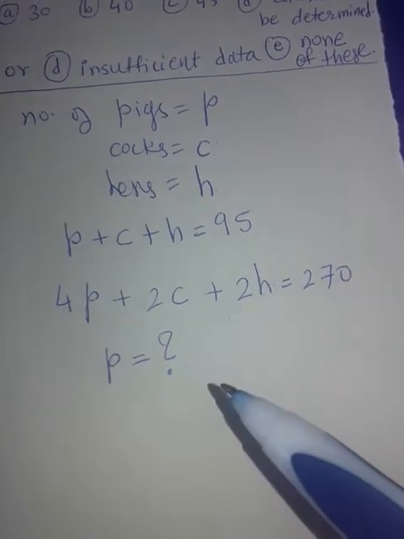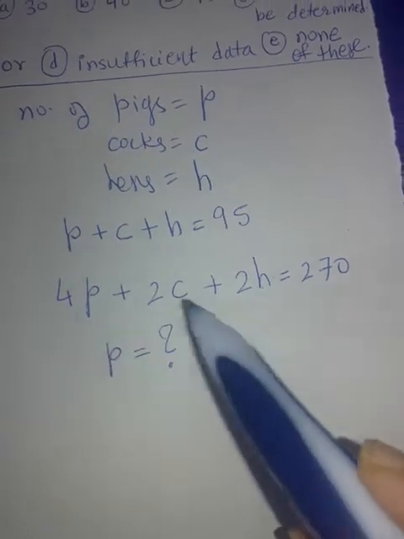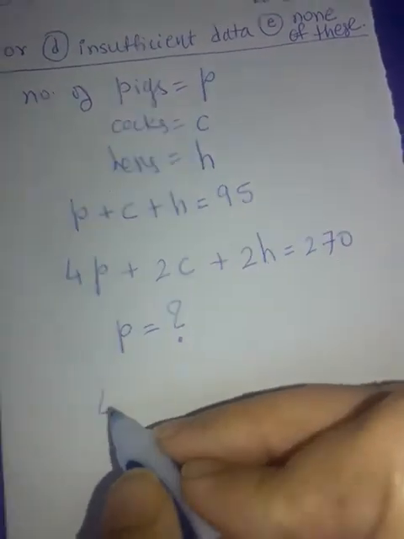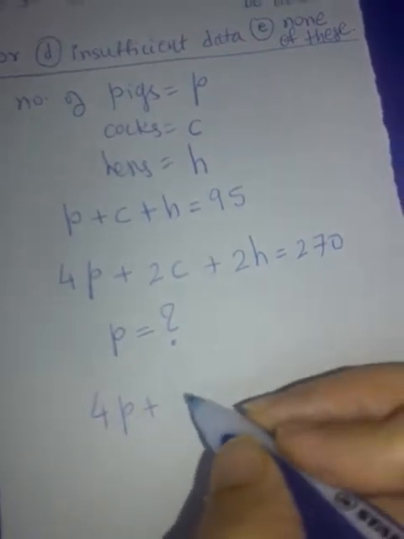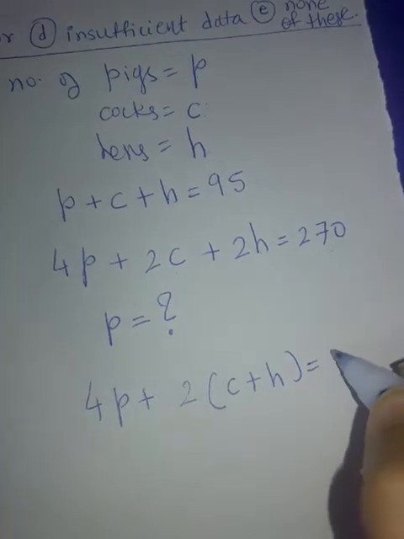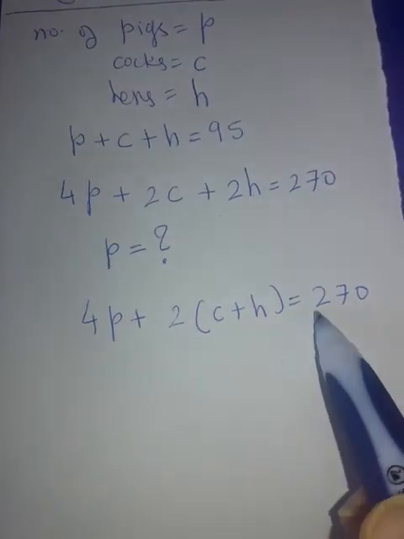Here what we can do, here look at this. 2C and 2H. Can I take 2 as common factor? 2 in the bracket C plus H, that is 270. Every term is divisible by 2.